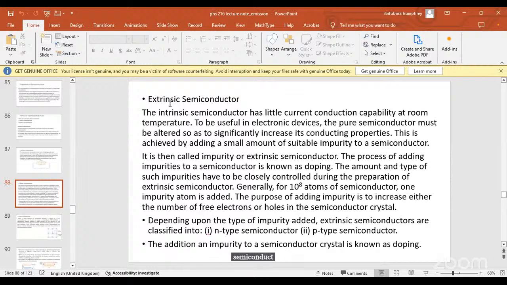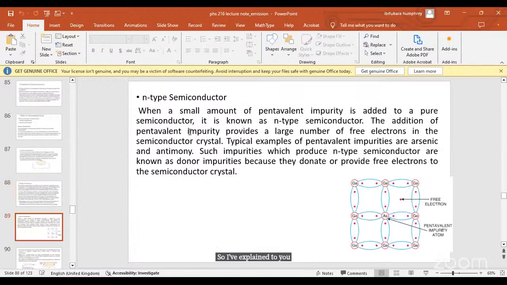So extrinsic semiconductors are classified into 2 types: N-type and p-type. I've explained how an N-type semiconductor is formed and how a p-type semiconductor is formed.